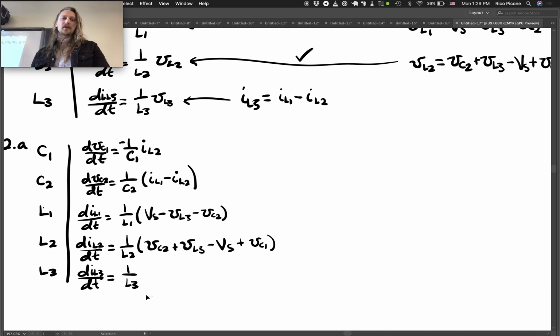So we need to rearrange this and do the substitution, right? So VL3 equals L3 times, instead of dIL3 dt, we're going to do d(IL1 minus IL2) dt.